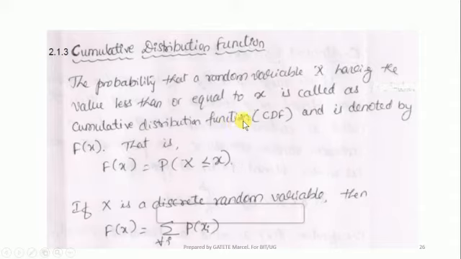It means that the variable X, which is uppercase, can have a value which is less or equal to x itself. We have a random variable which is going to take any values, but there is a probability that the uppercase X can have values which are less or equal to x.